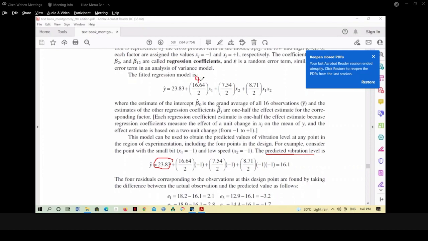For B, 7.54 divided by 2 is 3.77. For AB, 8.71 divided by 2 is 4.355.